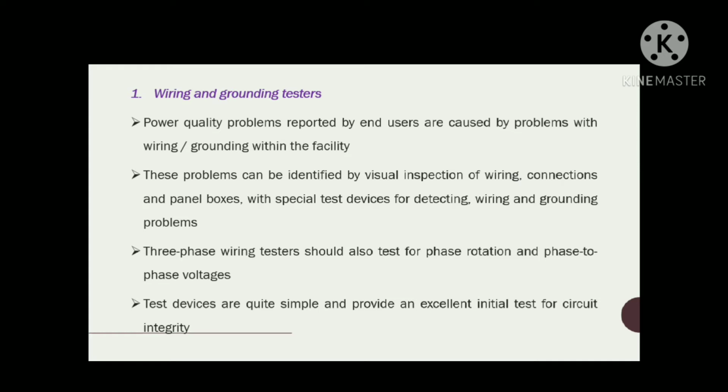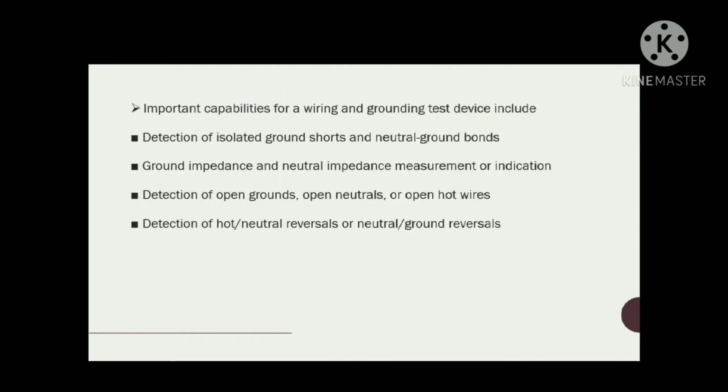Important capabilities of wiring and grounding test devices are detection of isolated ground shorts and neutral ground bonds, ground impedance and neutral impedance measurement or indication, detection of open grounds, open neutral or open hot wires, and detection of hot or neutral reversals or neutral or ground reversals.